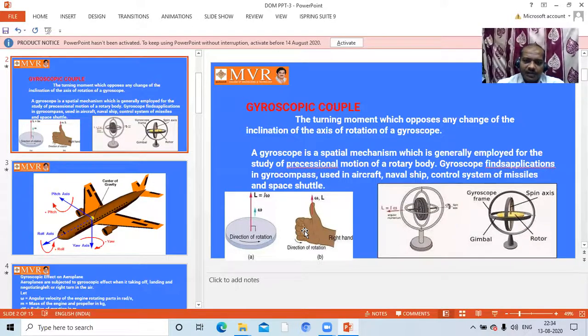That means when it is moving in anti-clockwise direction, the thumb shows the gyroscopic effect. If the same disk is rotating in reverse, we have to show our hand in a reverse position. That shows that the gyroscopic effect is acting in the opposite direction. What it indicates is that the reaction couple always acts opposite to the direction of the active couple. That's what we have to understand.